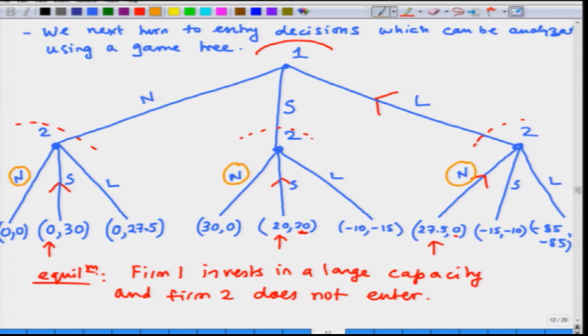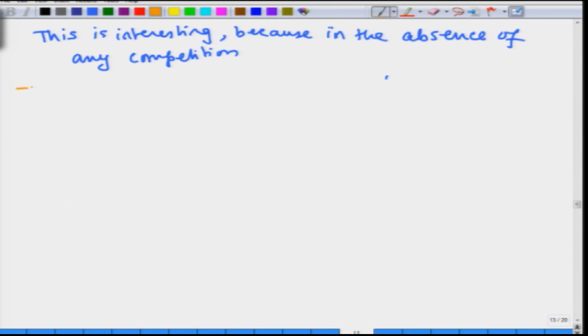Well, firm 1, if it decided not to do anything, would have gotten 0. If it had invested in a smaller capacity, it would have gotten 30, whereas if it had invested in a larger capacity, it would have gotten 27.5. So, clearly 30 would have been the highest profit for firm 1 and it would have preferred to invest in a smaller capacity.